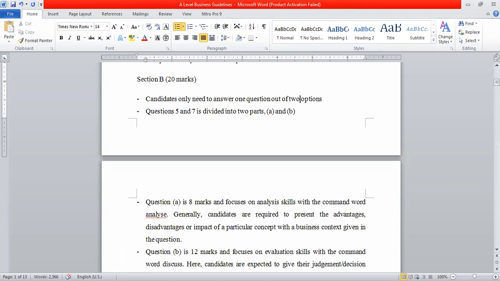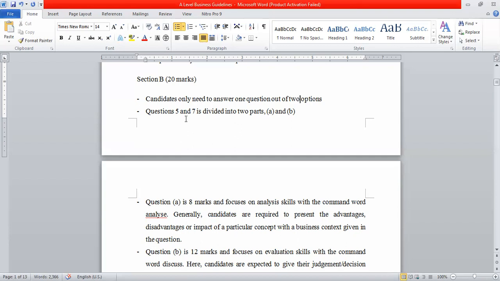Since we are going to take the examination next year, which is already year 2022, if we count May, June, that is 2023, the start of the new syllabus. In the new syllabus, we will only be given 2 options and we have to choose one. We just need to answer one question.